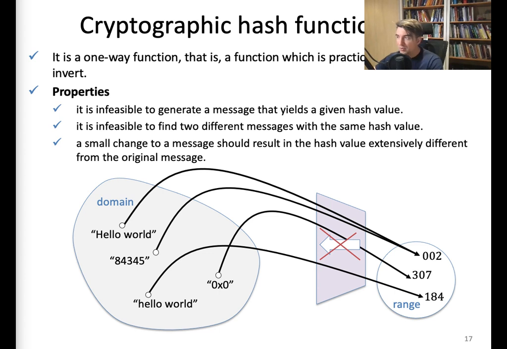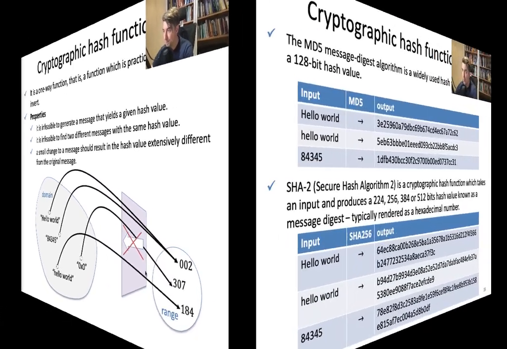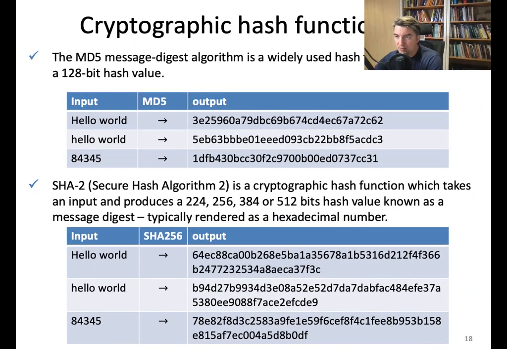Some of the additional properties include infeasibility to generate a message that yields a given hash value, infeasibility to find two different messages with the same hash value, and besides, a small change to a message should result in a hash value extensively different from the original message. Some popular algorithms that implement hash functions are MD5 and SHA-2.